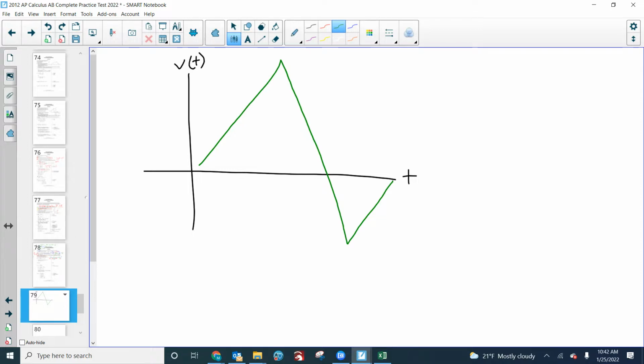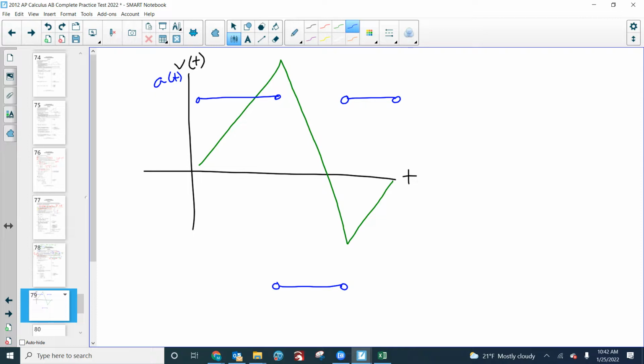Okay, so maybe acceleration would look something like this. Do you agree that could be the acceleration graph? Okay.